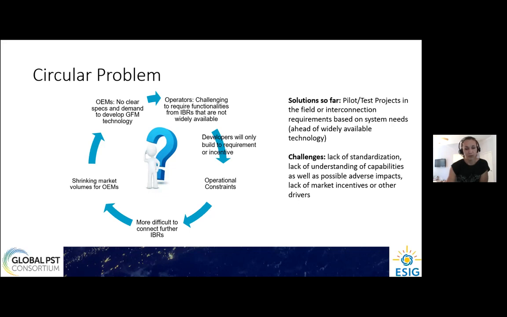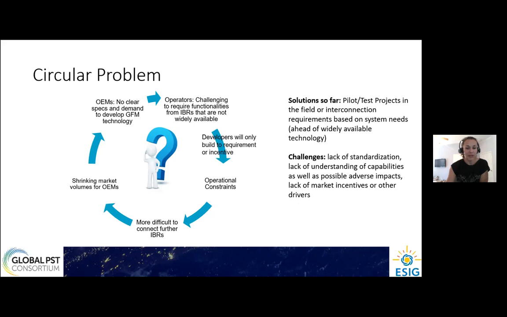Now we have grid forming technology developing and research is going on. There are some real life applications, as you'll be able to see, but system operators are still finding it challenging to set exact requirements for what these resources are supposed to do. And the reason is that we are not fully understanding what is possible.